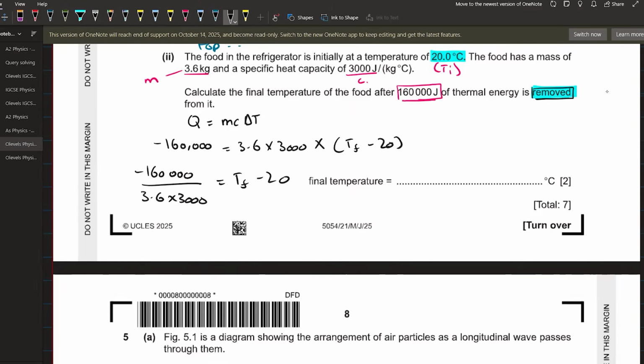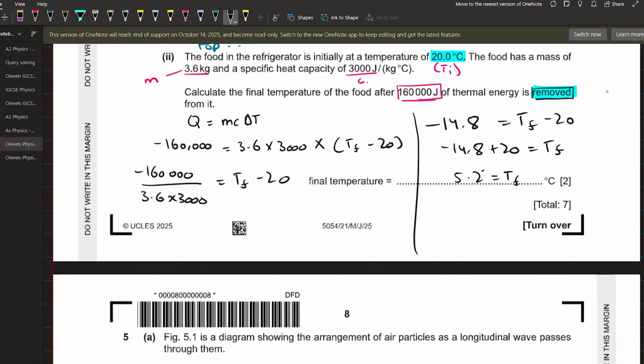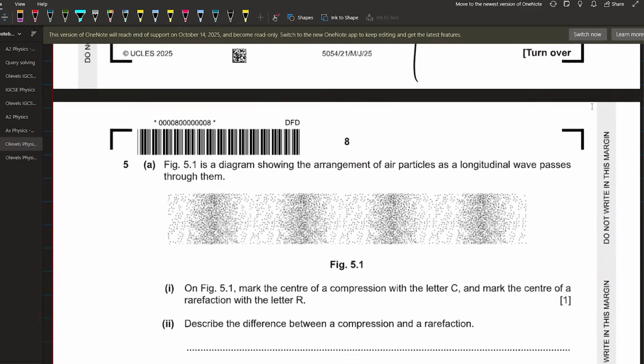Okay, let's make a column here. This is minus 14.8 is equals to TF minus 20. Take this to the other side. Minus 14.8 plus 20 is equals to TF. Okay, क्या आंसर आ जाएगा? This comes out to be 5.2 degrees centigrade is your final temperature. Simple as that. Let's further move ahead.